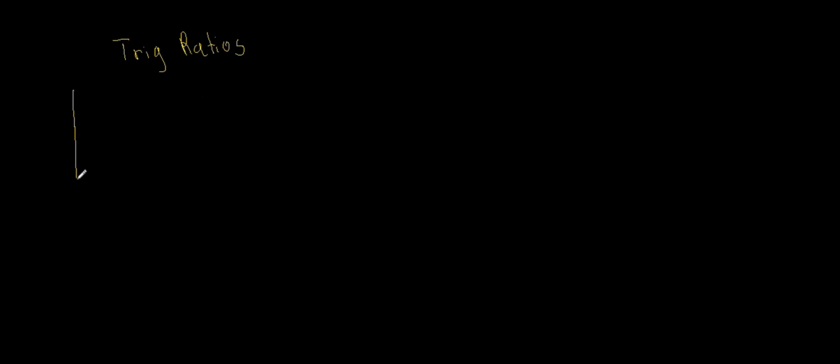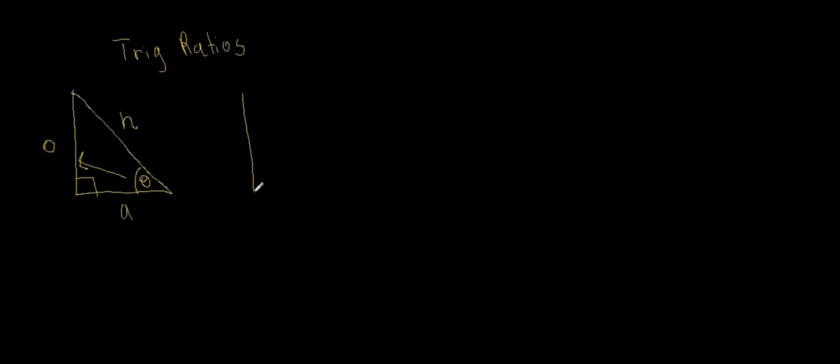So let me draw a right angle triangle. 90 degrees. Here is my hypotenuse. Now, if my angle is over here, theta, then opposite to that is the side labeled opposite, and the next side is adjacent.